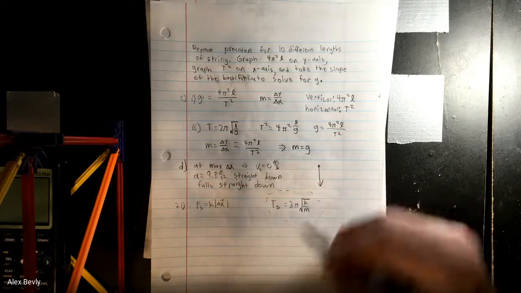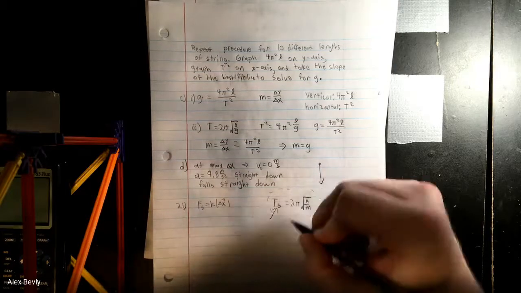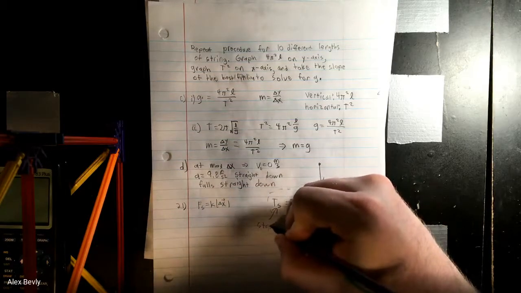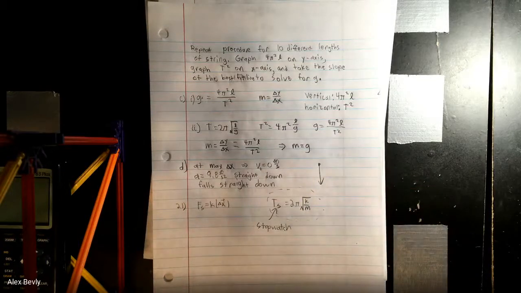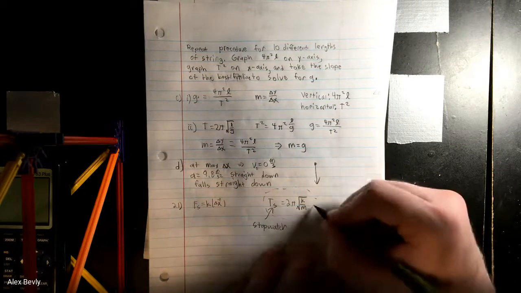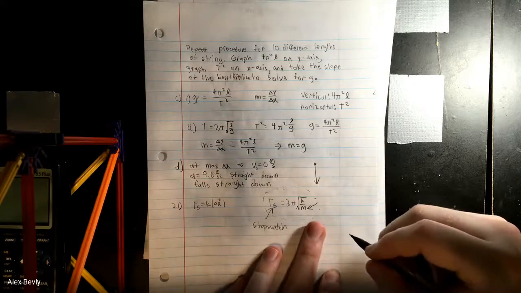All right, so what would I need to measure? I already saw we can measure the period with the stopwatch. What's the other thing we would need to measure then? Mass, with a scale.